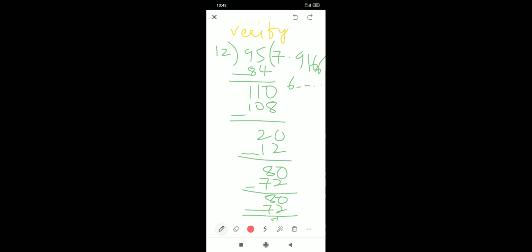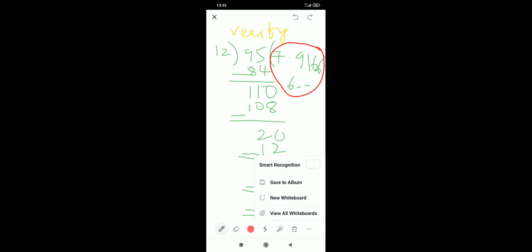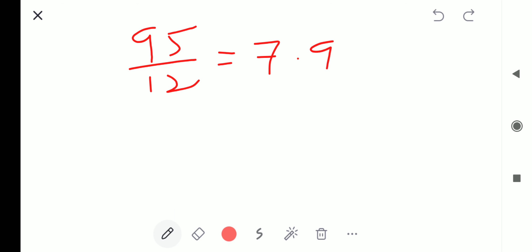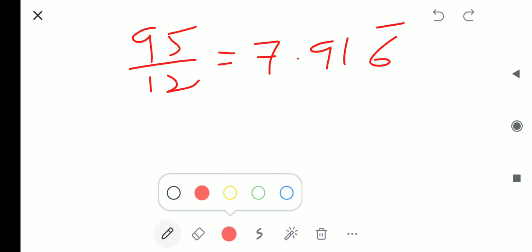It says that the value of 95 by 12 is 7.916666 and so on. So I can write 95 by 12 as 7.91 with a bar on 6, as the digit 6 is repeating. So what kind of decimal is it, children?